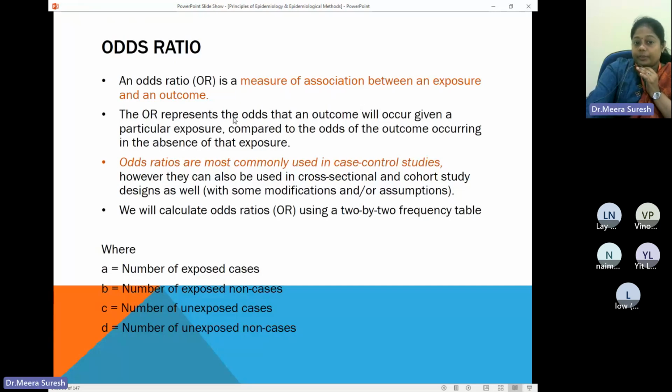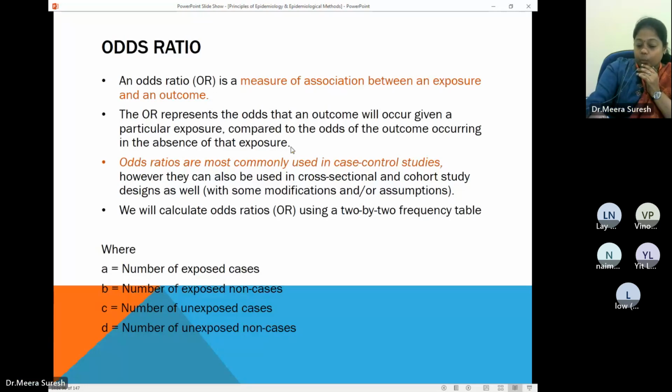So OR represents the odds. Odds we can say as chances, in other words, that an outcome will occur given a particular exposure, compared to the odds of the outcome occurring in the absence of that exposure.